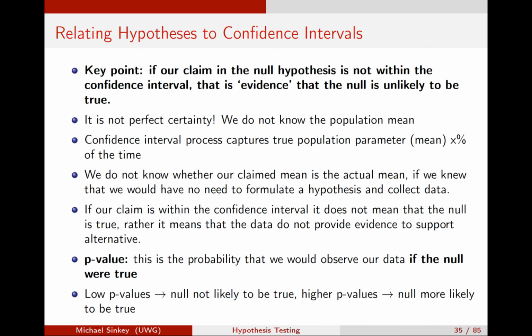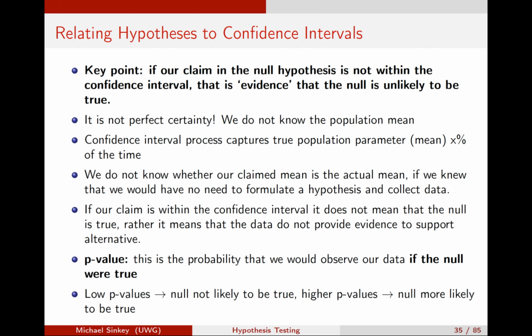A p-value is the probability that we would observe our data if the null were true. So if the null were true, what is the probability of getting our sample? Lower p-values, 0.1, 0.05, 0.01, 10%, 5%, 1%. All of a sudden, if our data is pretty unlikely if the null were true, what I want to guard against thinking is, hey, I just got this really unlikely sample, but the null is true.